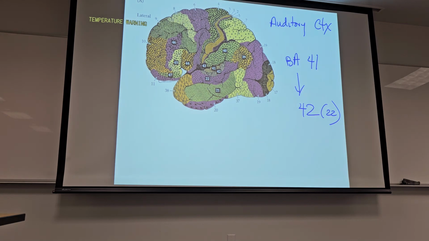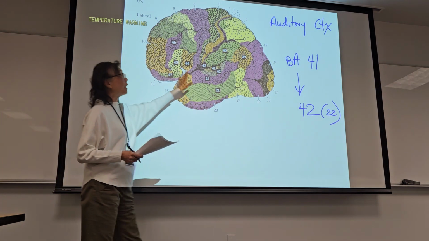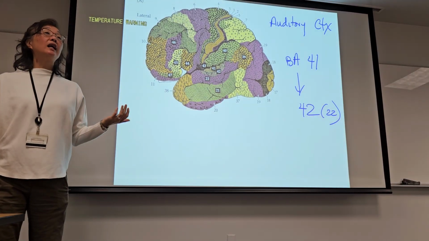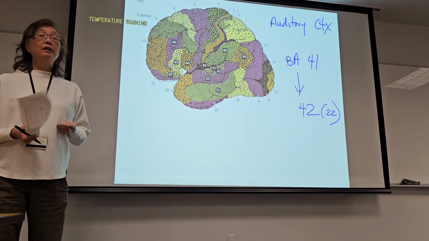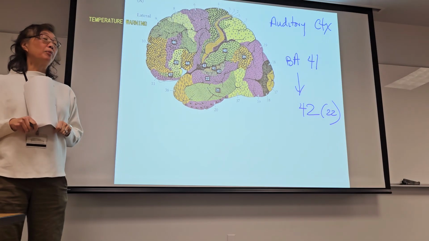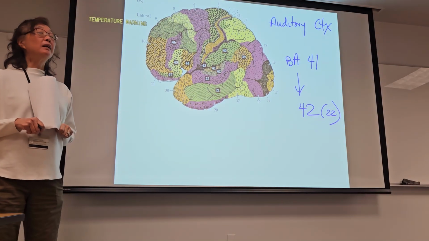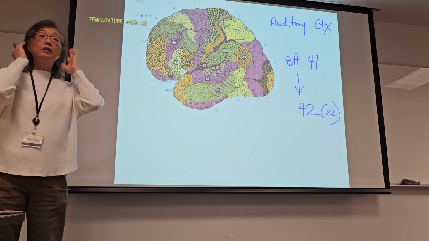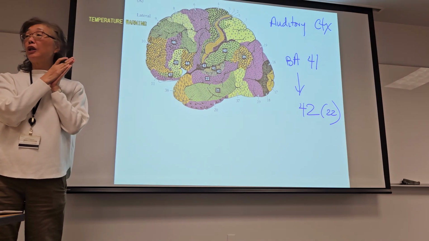If you damage 41, let's say we obliterate it with a stroke or some other brain damage, you do not get an appreciable hearing loss. That's an interesting fact. Unlike the other senses and the other primary cortex, you don't, because auditory information from your two ears join together very, very early on.